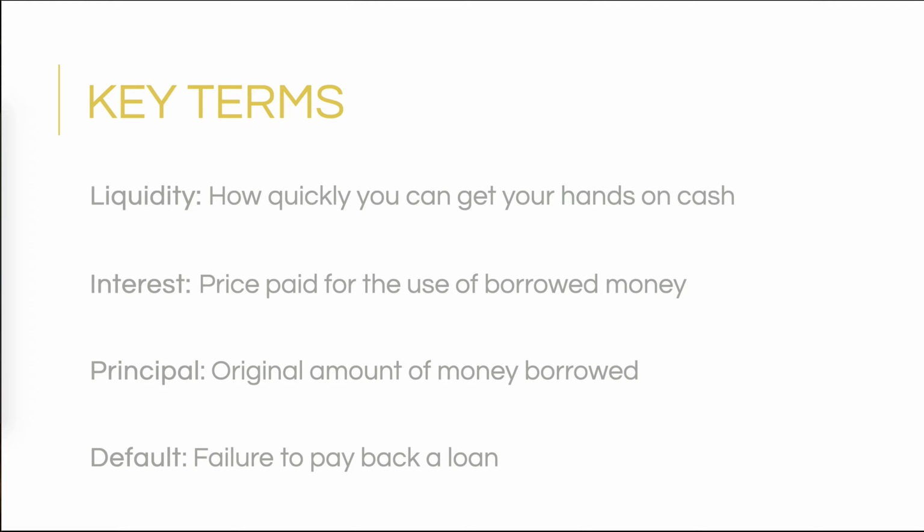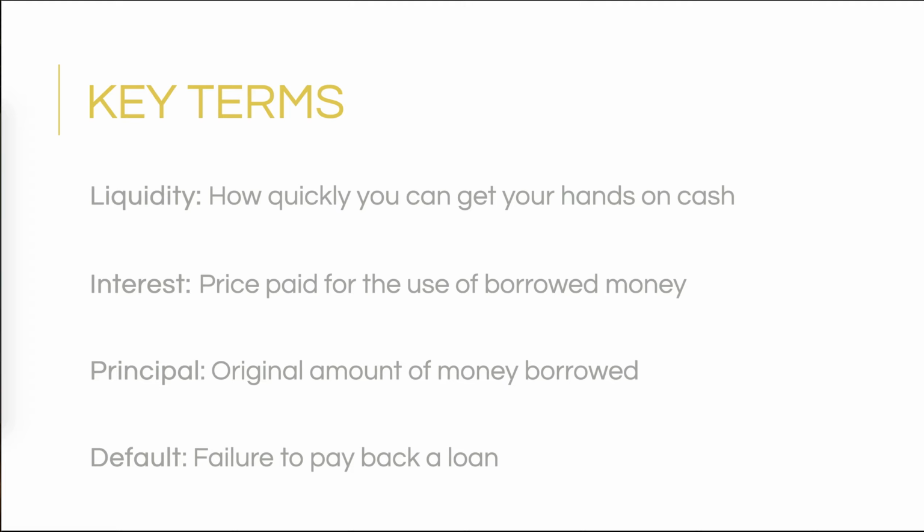Interest, we've all heard of interest or interest rates. An easy way to think about interest is as the price paid for the use of borrowed money. We'll get into interest rates in a little bit. Principal is the original amount of money borrowed.